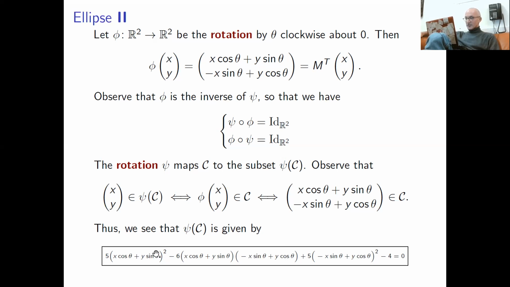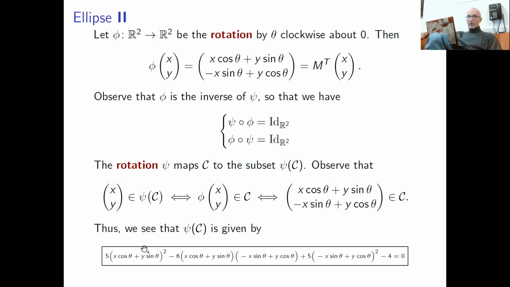The font is a little bit too small, basically because I wanted to squeeze this long formula into one line on this page. So basically, this is the equation of the rotated curve. If you rotate our plane by angle theta counterclockwise, then the rotated curve psi of C is given by this equation. It's very, very explicit.